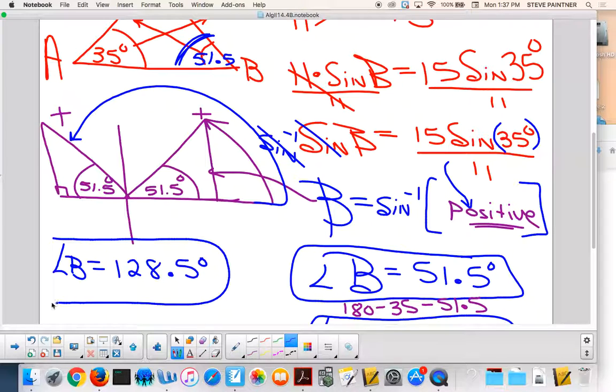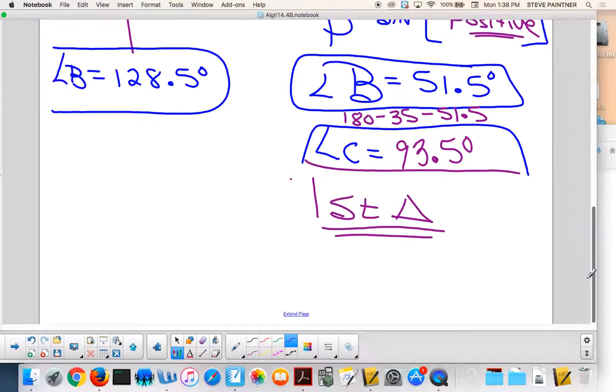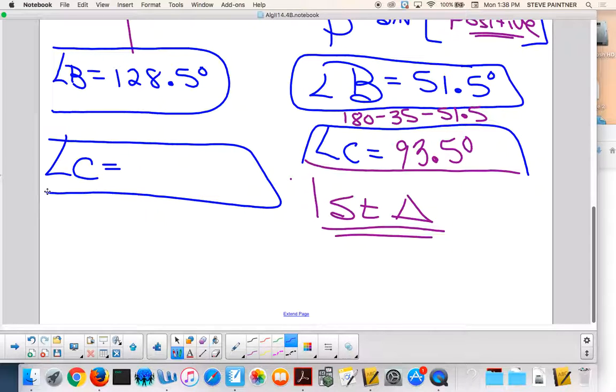This would be the second triangle, just so you know. Okay, so there it is. That's now a 128.5. So I could scribble this out if you want me to. 128.5, and I already have a 35 for A. So what's C going to be? Well, what's left for C?